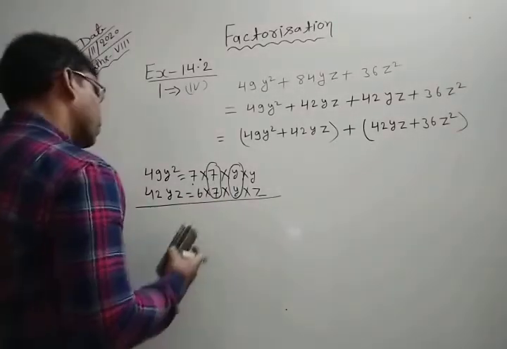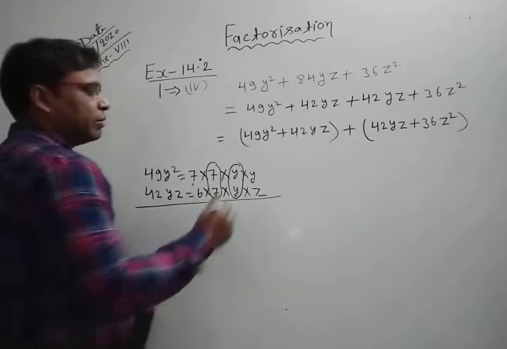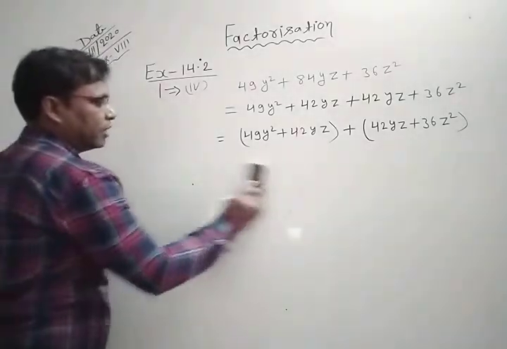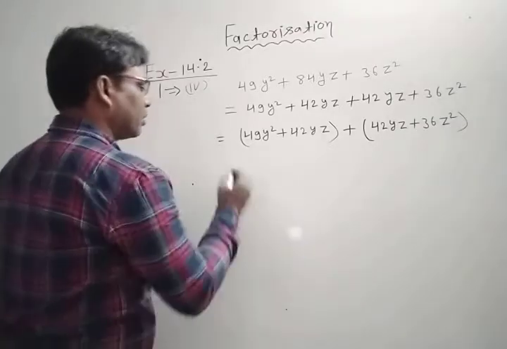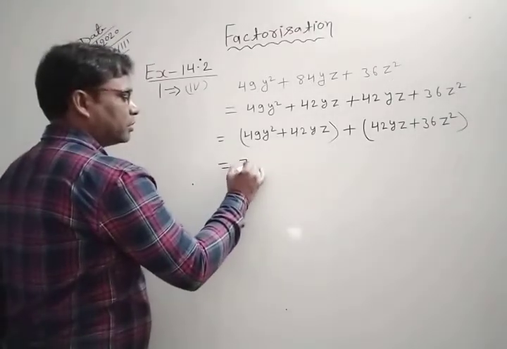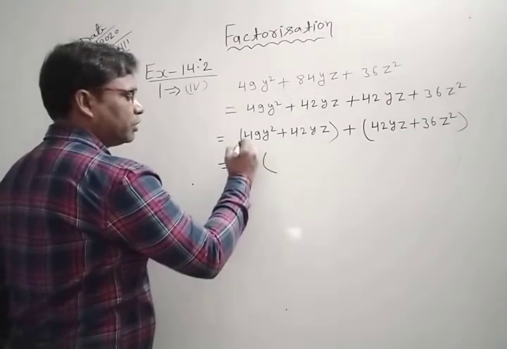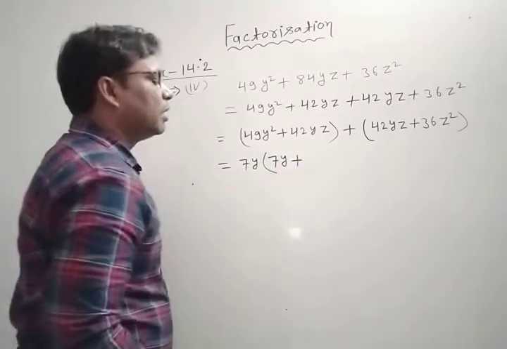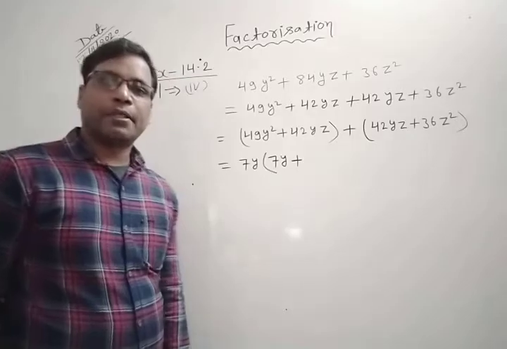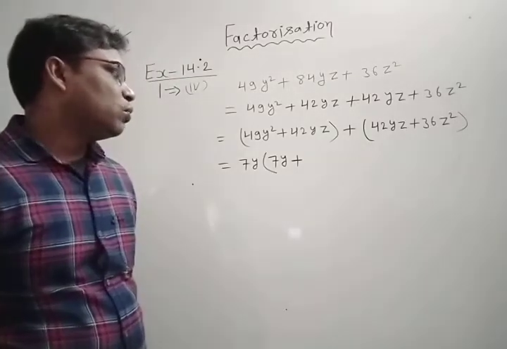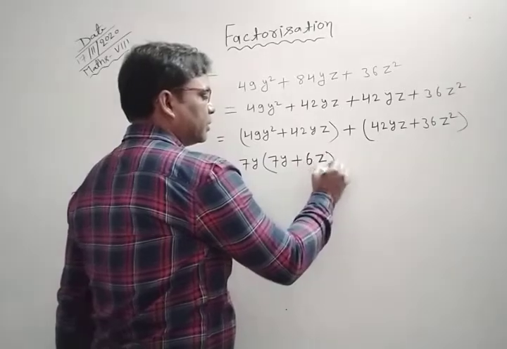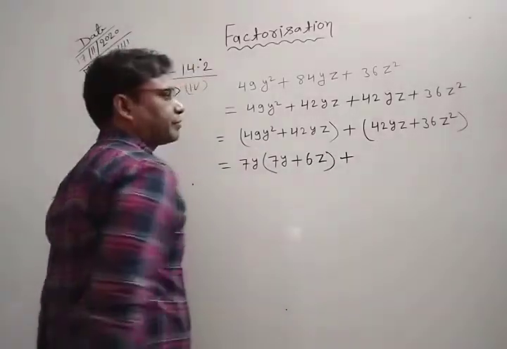This is clear. So now we take 7y common in the first group. So here we have 7y plus, taking 7y common from 42yz, we have 6z.